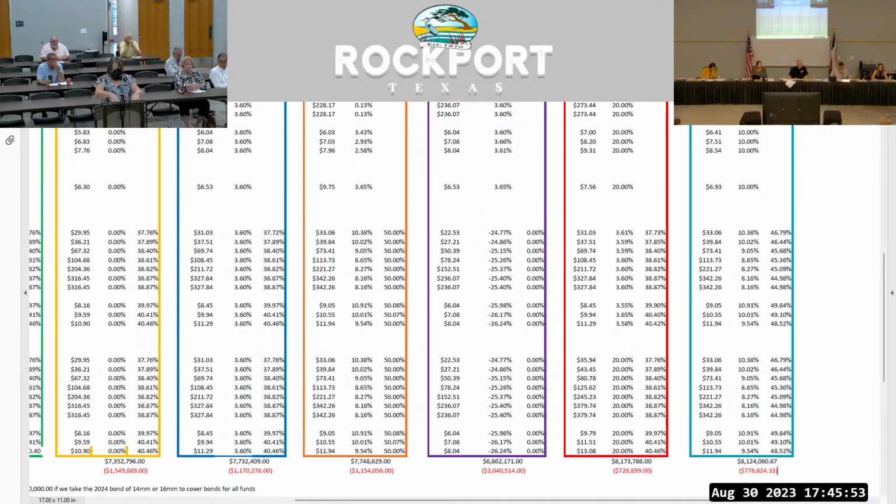Okay, here we go. Working days on the utility fund, we're at 163 at the end of this fiscal year. And we'll bump down to 90 by the end of next fiscal year.